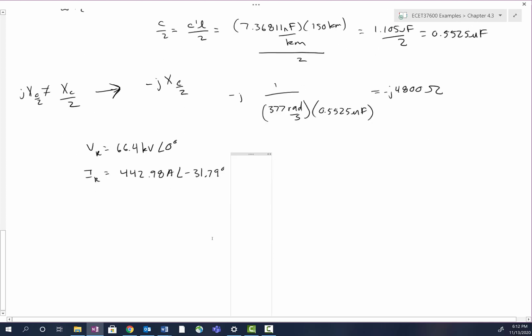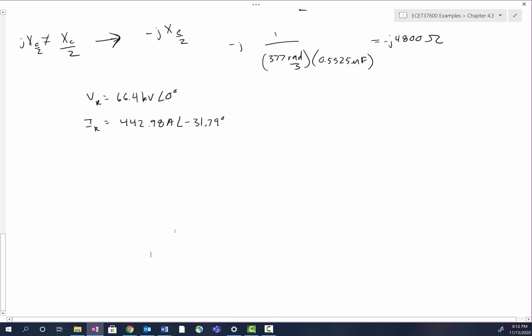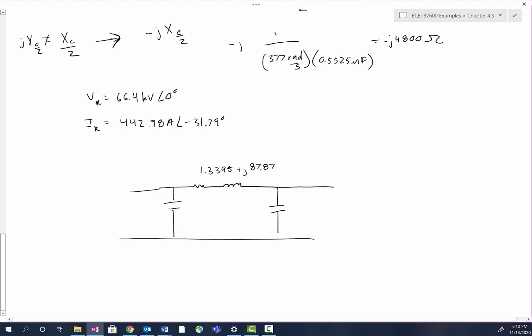We've done a lot of math, so maybe we should take a minute and summarize. We have that series impedance right there is equal to 1.3395 plus j87.87. We have a shunt capacitor there and a shunt capacitor there, and the value of both of those is minus j 4800.